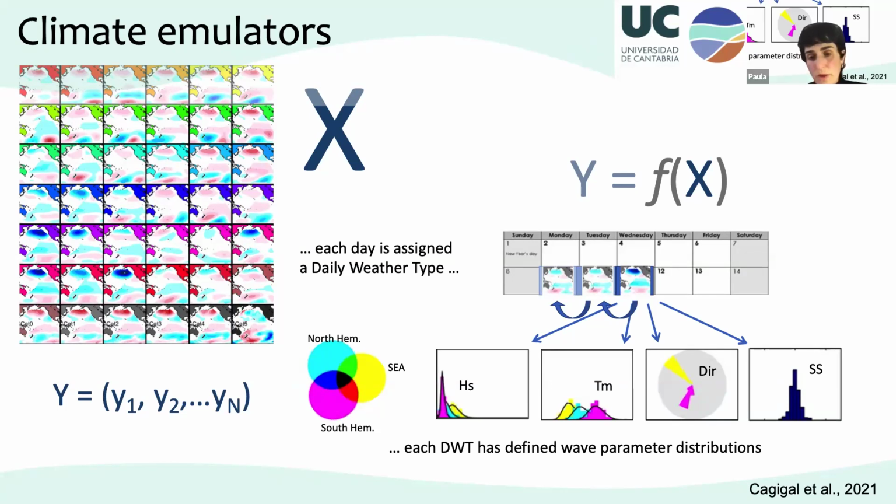And in this daily weather type, we know the distribution of the waves and, for example, storm surge. In this case, instead of using bulk parameters, we consider 1 sea and 2 swells. So we have a multivariate local dynamics.